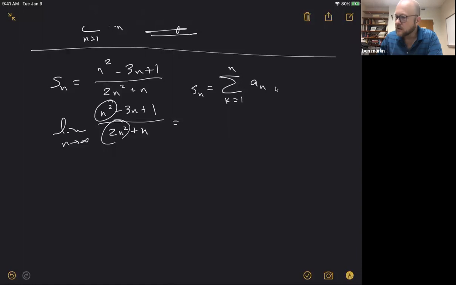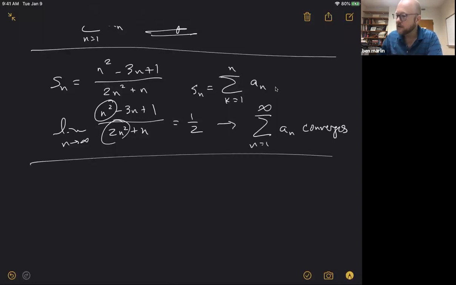So you can just divide leading coefficients and get 1/2 out of it. And that means that the series, that you don't even know what the a sub n's are, converges, because the sequence of partial sums converges, and that's what the definition of convergence is.